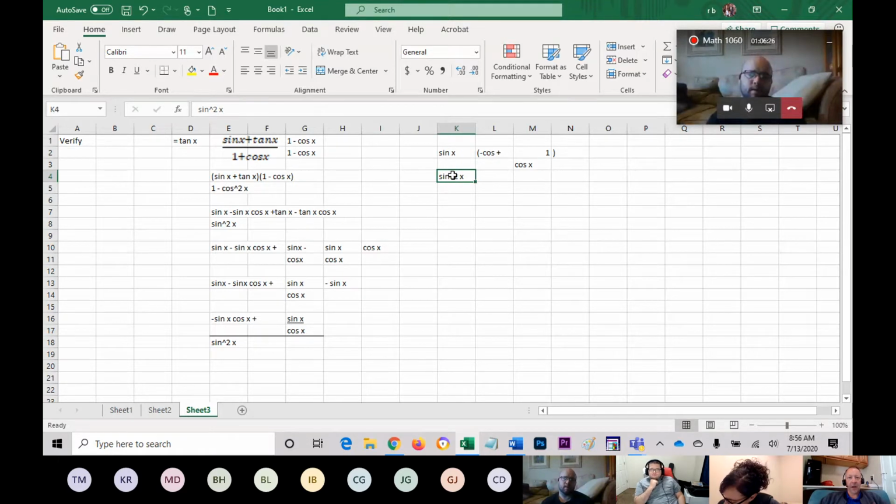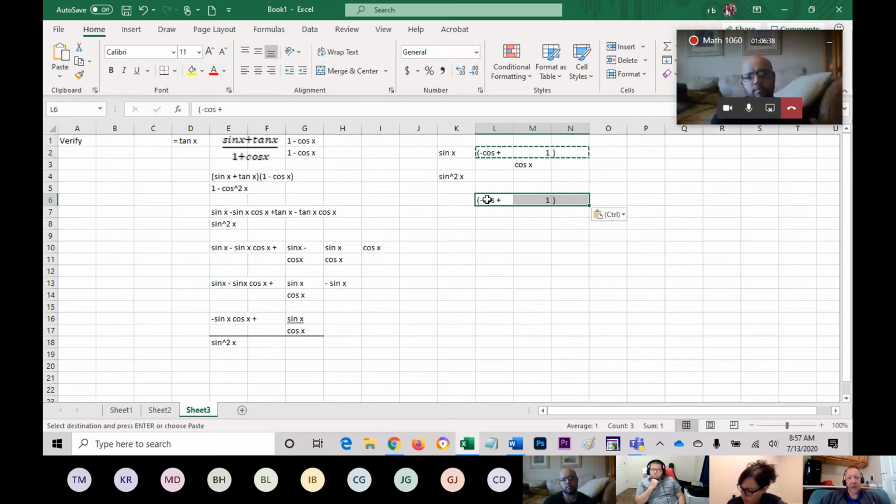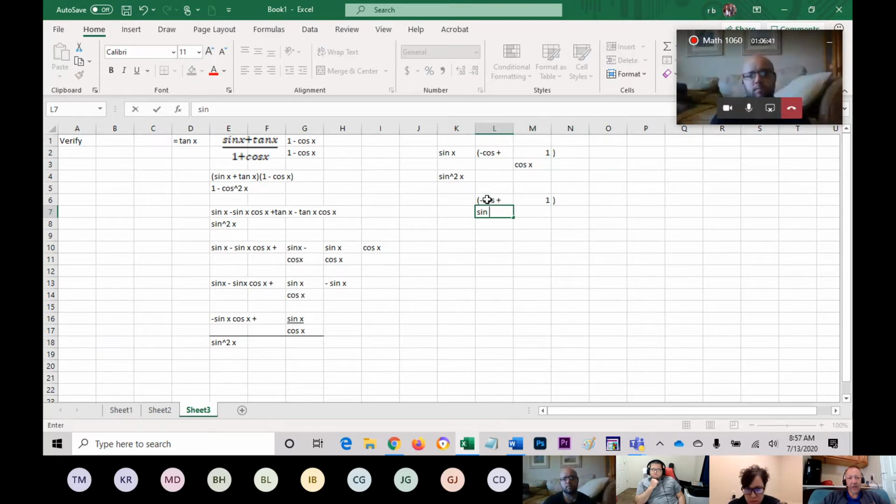Yeah. Okay, and now I'm going to put this here. So this sine and one of those sines will go away. So I've got the negative cosine of x. I'm just going to copy this. And now I've got a sine of x and a cosine of x on the bottom, right? Why is the sine of x and the cosine of x on the bottom?